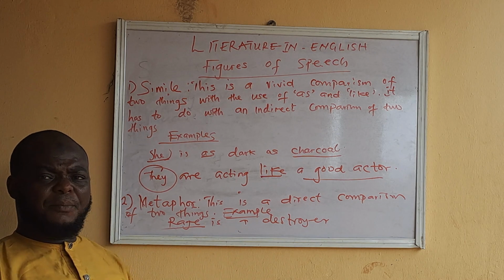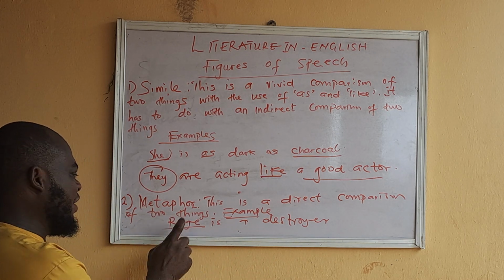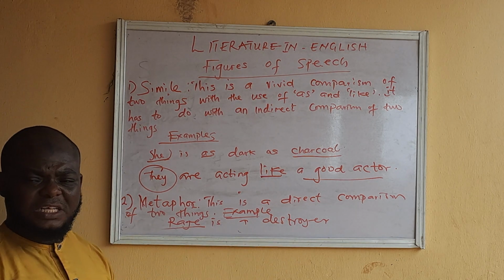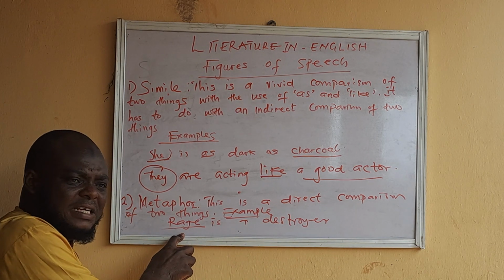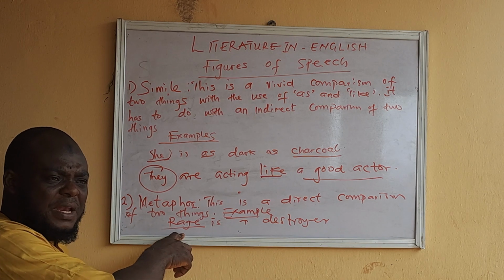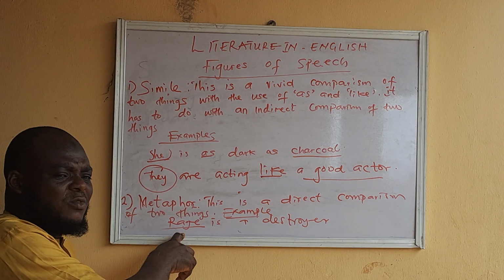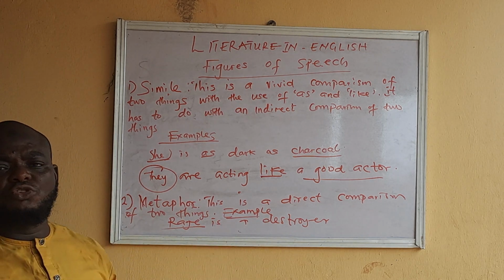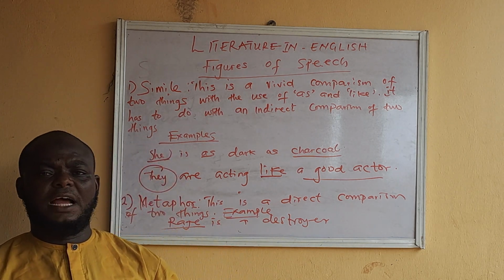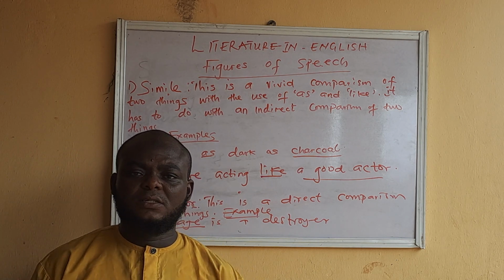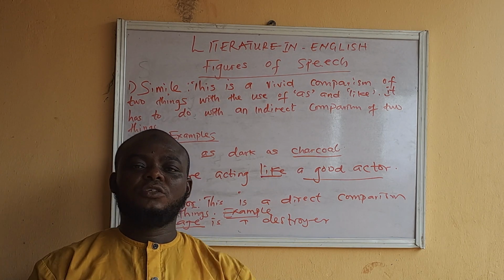You can see from the example here, we are comparing rage and destroyer, which is telling us that if you allow anger in one's life, it will be a destroyer in one's life. It will destroy people's happiness, destroy people's joy.